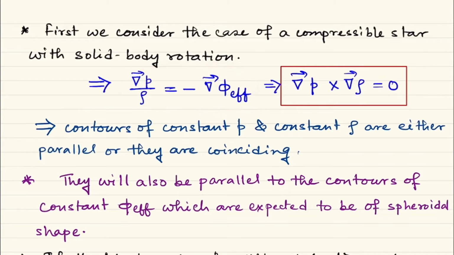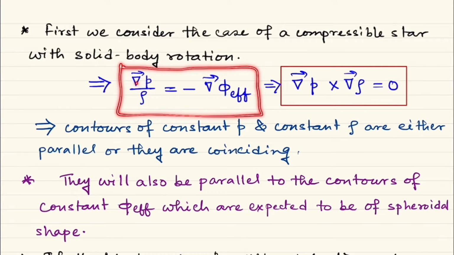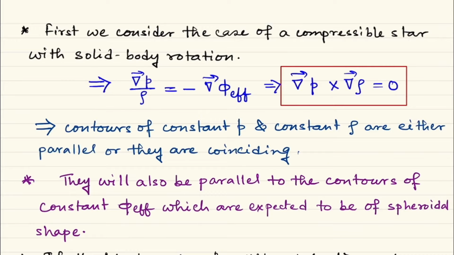Now of course when we have an incompressible fluid, then rho does not enter into this gradient, so you have gradient of P by rho equal to minus gradient of phi effective. For the compressible case, rho is a variable, and we simply have gradient P by rho equal to minus gradient of phi effective.